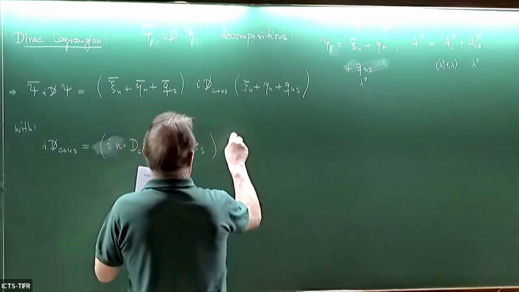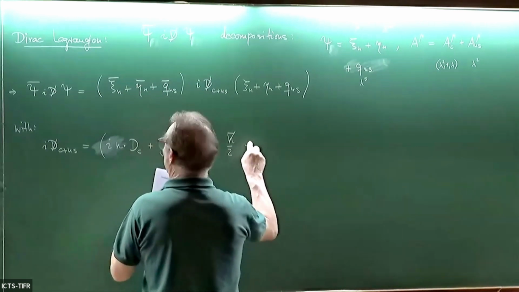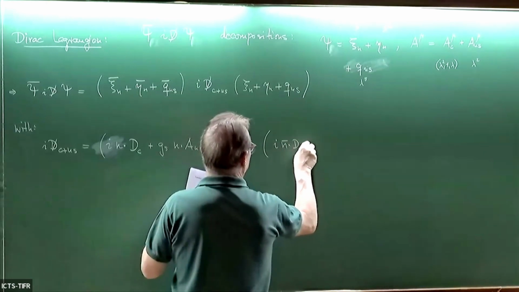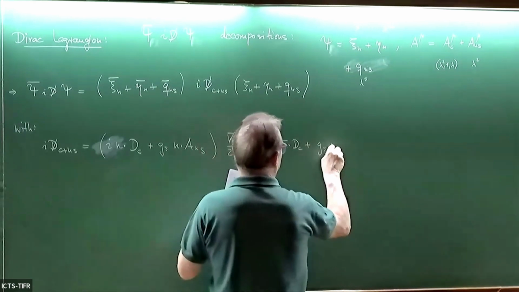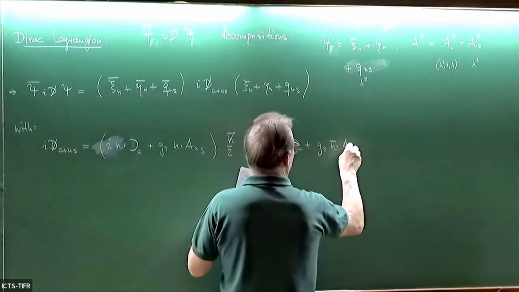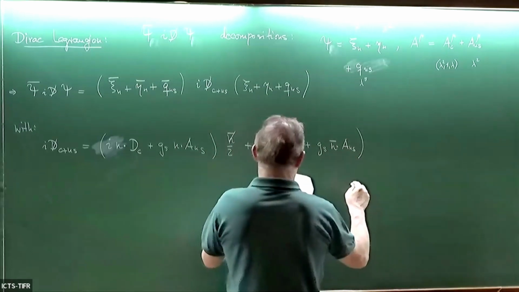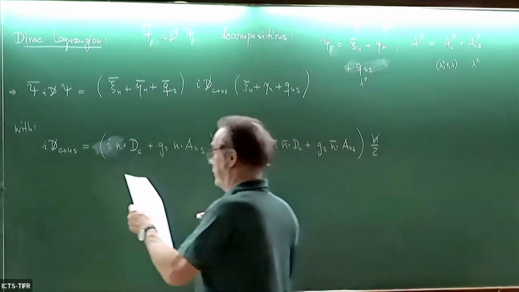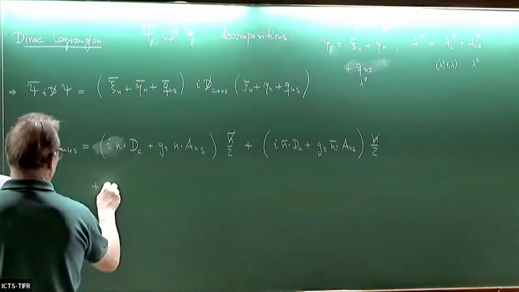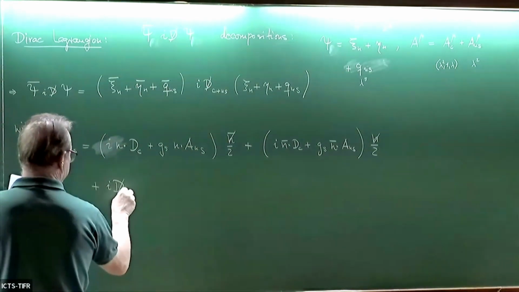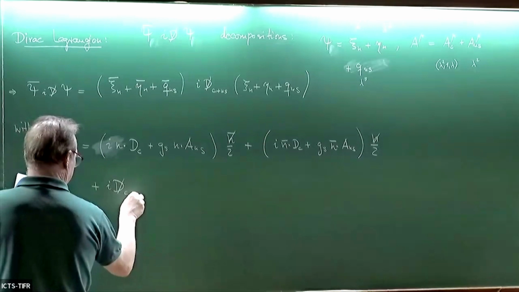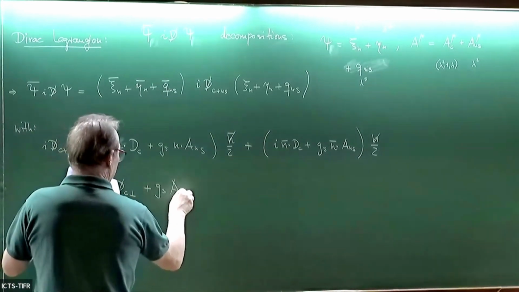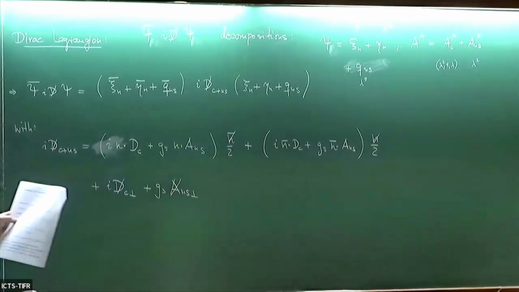And this comes with n bar slash over 2, and then we have a similar term, which is n bar dot D collinear plus g_s n bar dot A ultrasoft, times n slash over 2, plus the perp components, plus g_s A ultrasoft perp slash.